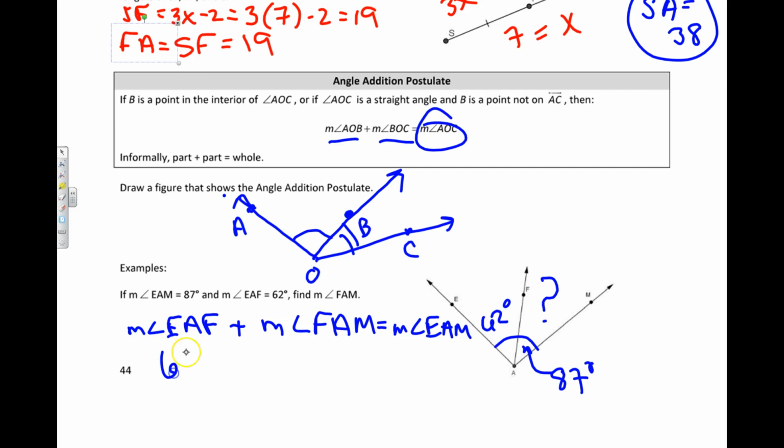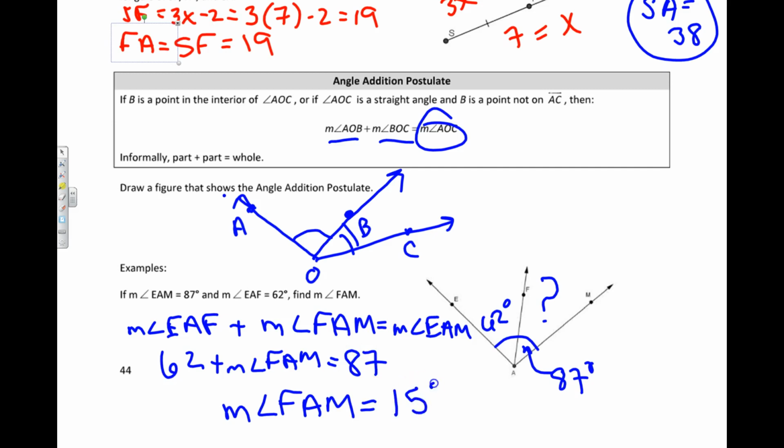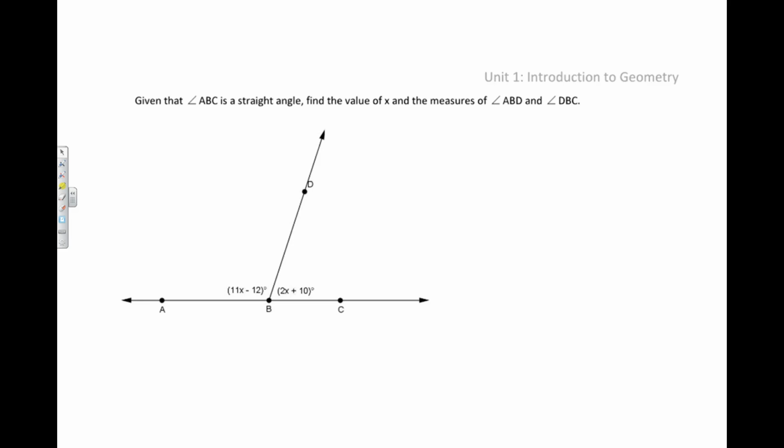EAF was 62. I don't know FAM. And then that has to be, at the end of the day, equal to 87. So I subtract 62 to get that the measure of angle FAM is in fact 15 degrees. And that's my answer.